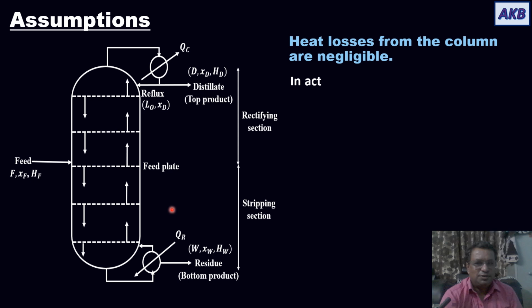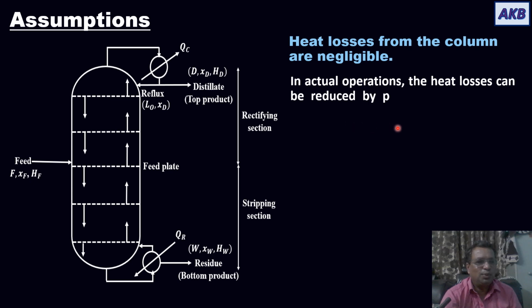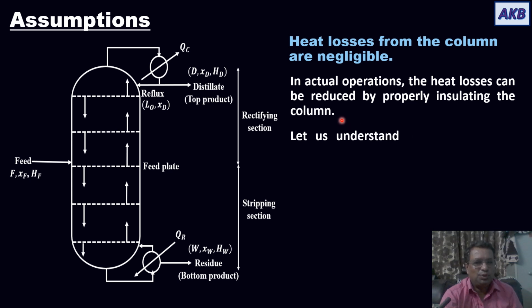In reality, how can you reduce the heat losses? By providing appropriate insulation. In actual operations, the heat losses can be reduced by properly insulating the column. You cannot make them zero, but you can reduce them to a minimum value.